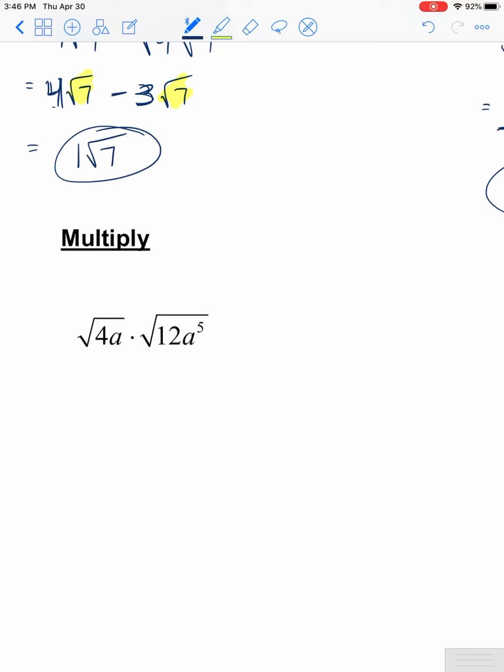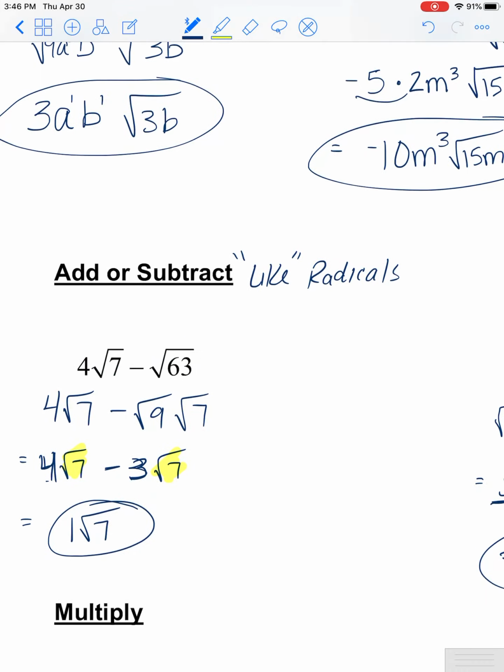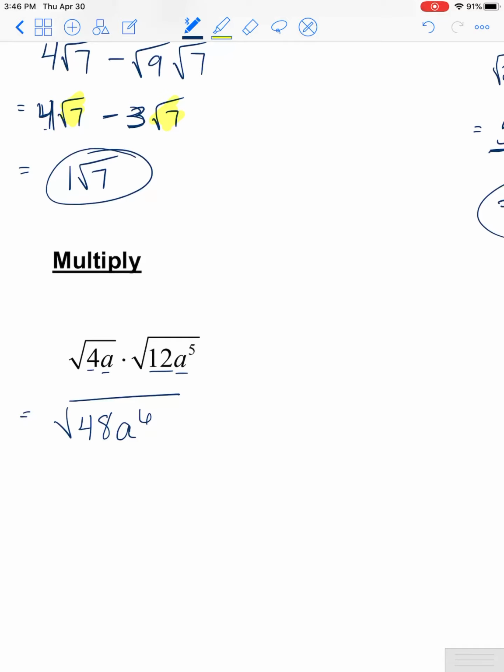Multiplying. All right, so multiplying, you do not have to be like radicals. So what I'm going to do is combine and say, what is 4 times 12? That gets me 48. A times a to the 5th is a to the 6th. Now if you notice, this looks very similar to a question that we did up here. So 48, what is the largest perfect square that I can divide into that?